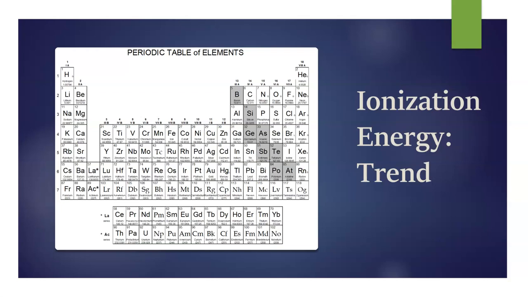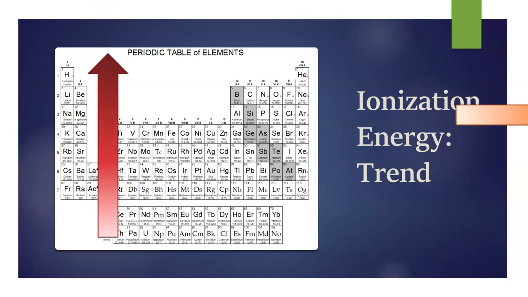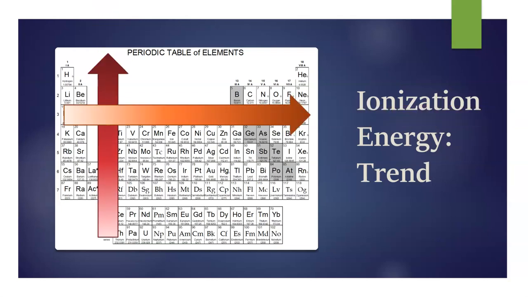To summarize these trends, we'll again look to the periodic table. The ionization energy increases moving up a group and to the right across a period. Francium forms cations very easily. Fluorine resists.